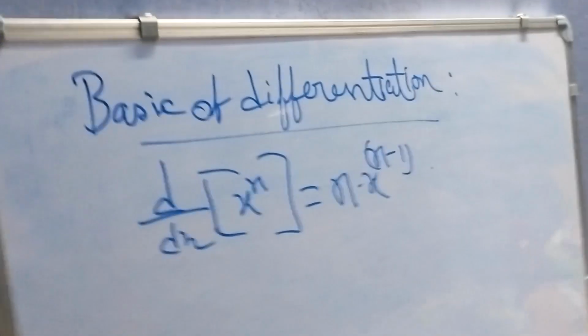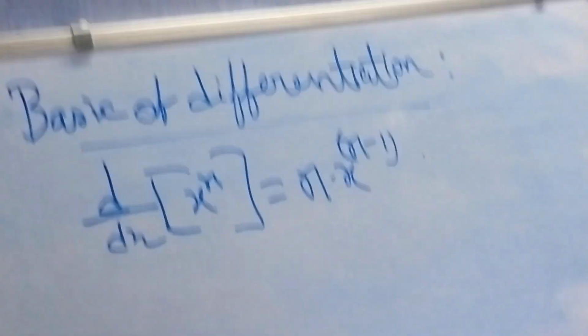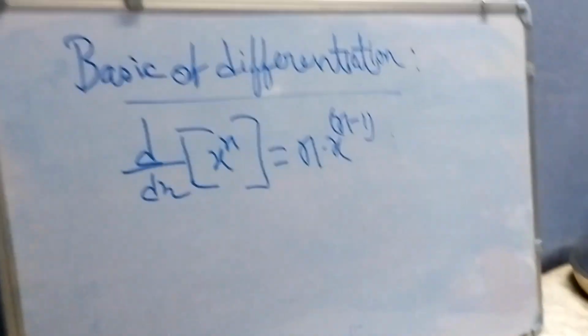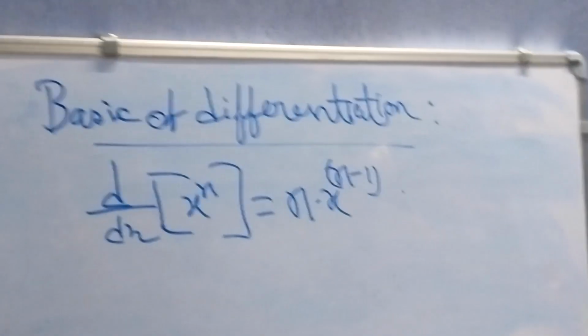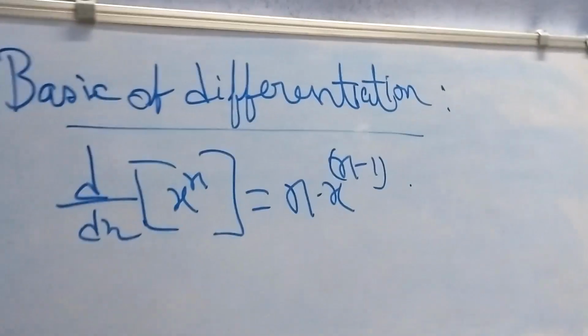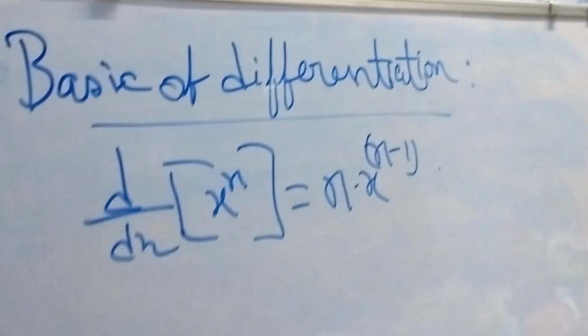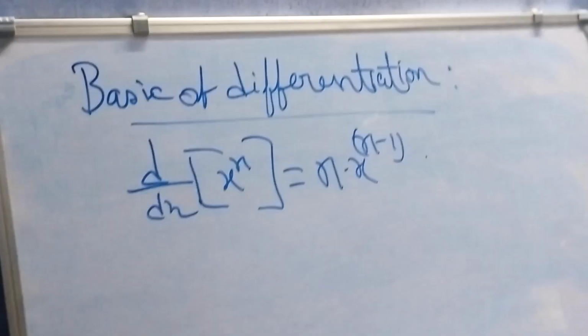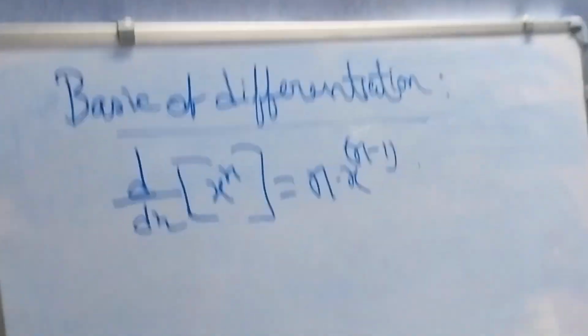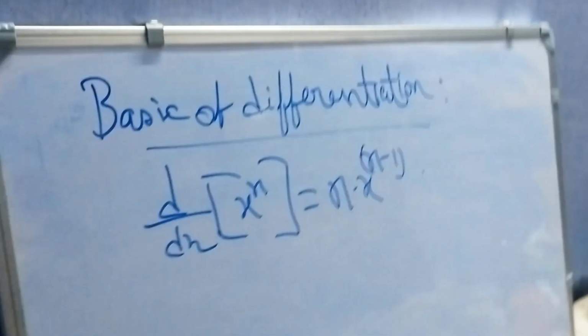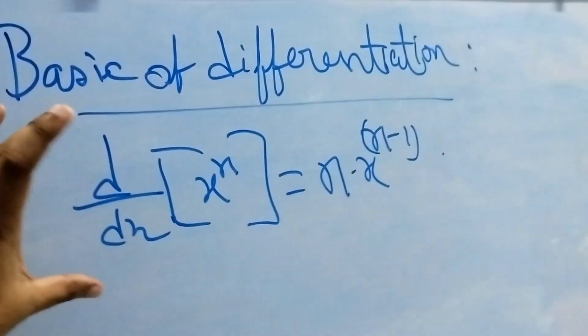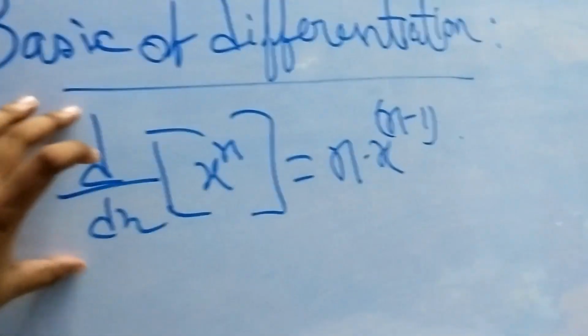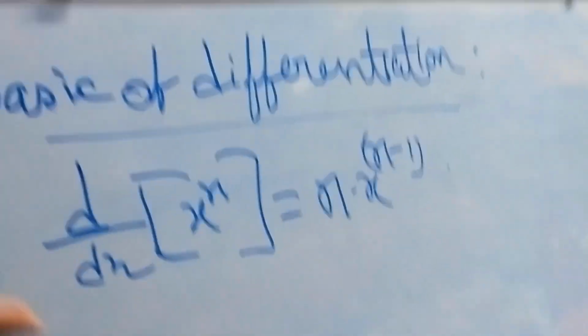Well, I told you about the mathematical significance, the physical significance, and the graphical significance of differentiation. So let's get into the algorithmic viewpoint of differentiation, or as you say, the formalism behind differentiation. So what is the basic of differentiation? This is the most basic formula of differentiation that will help you in further studies of differentiation, right?